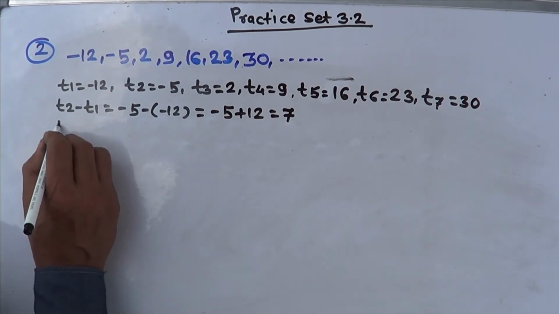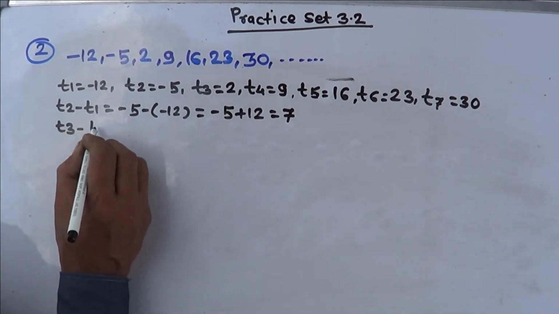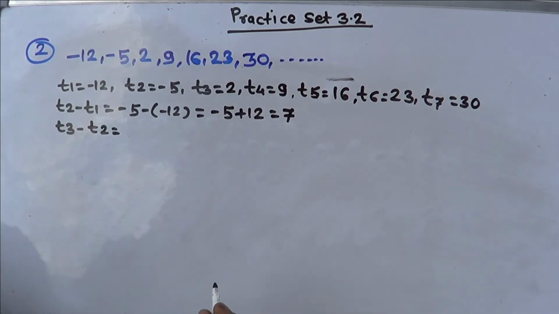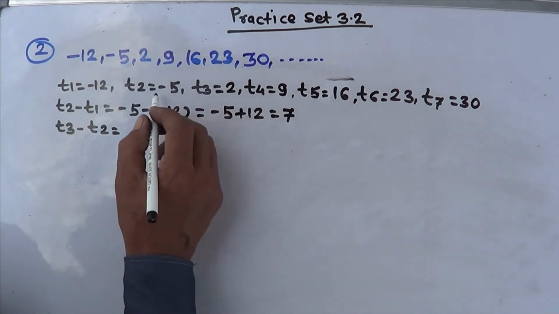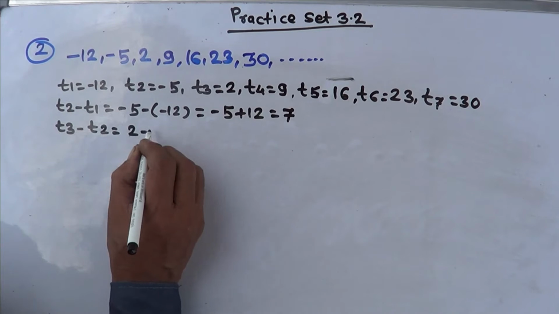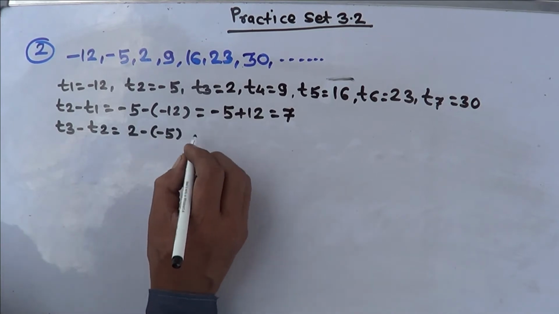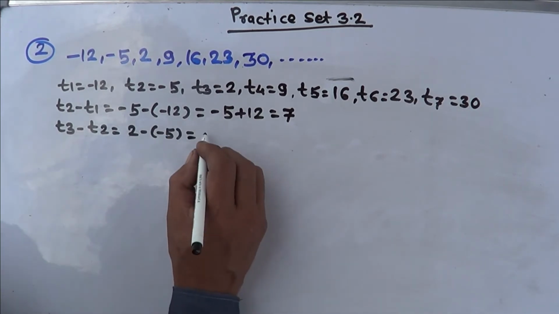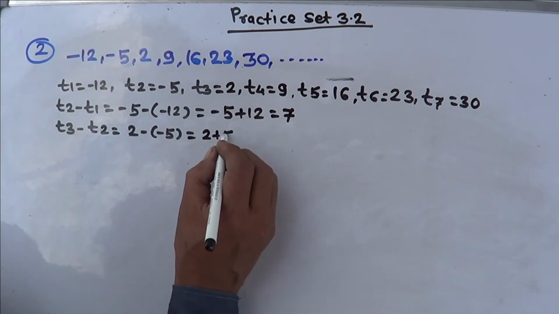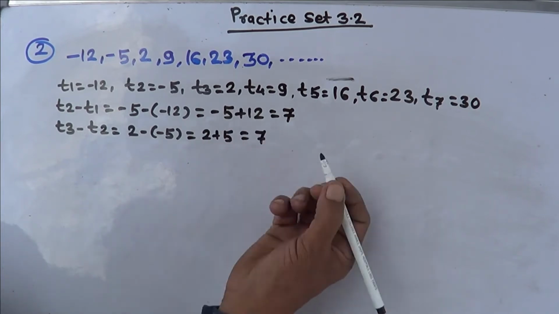Again T3 minus T2, 2 minus -5, which is equal to 2 plus 5, and that is also equal to 7.